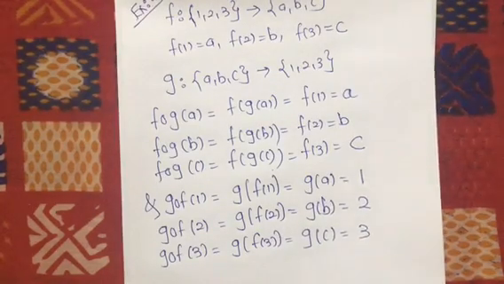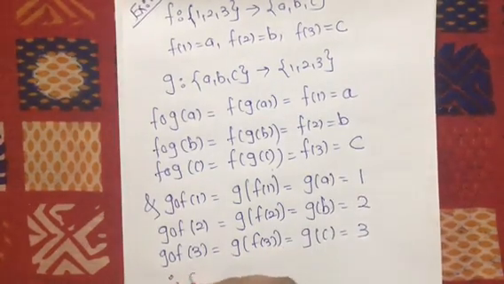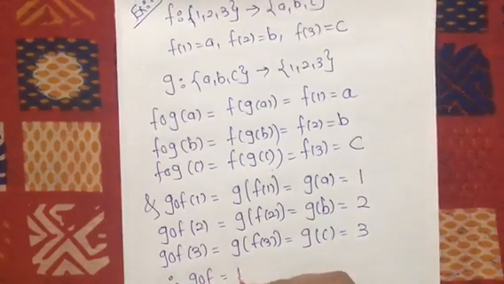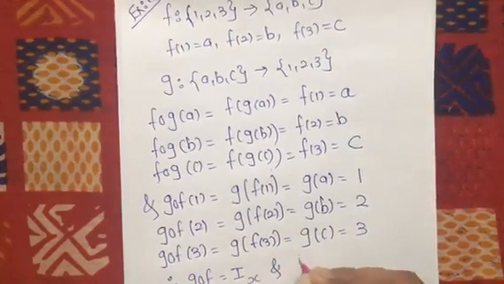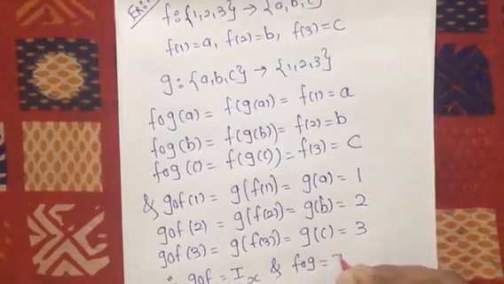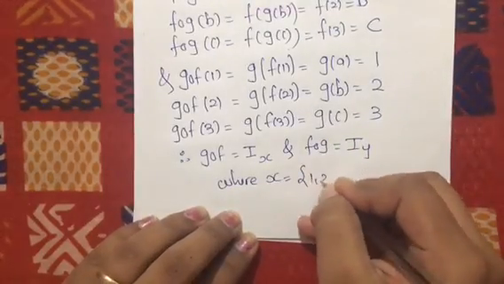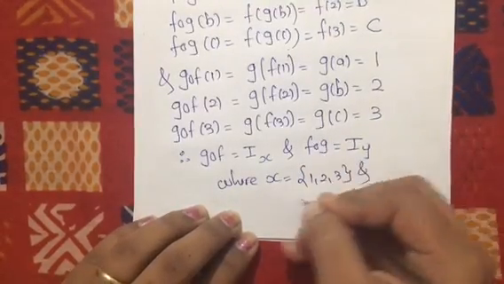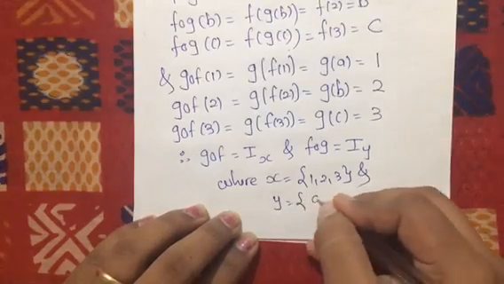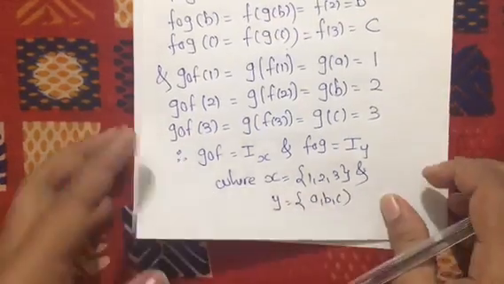Okay, so therefore g of f is equal to I_X and f of g is equal to I_Y, where X is {1, 2, 3} and Y is {a, b, c}. Okay, now let's find f inverse.